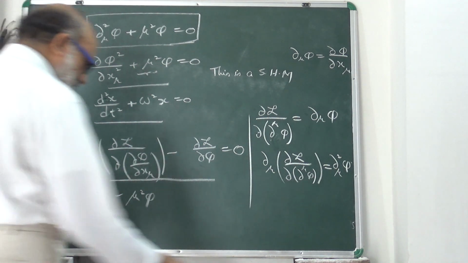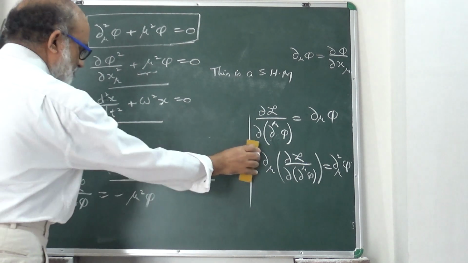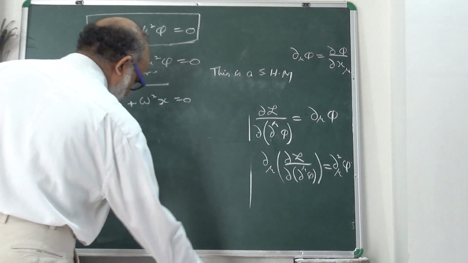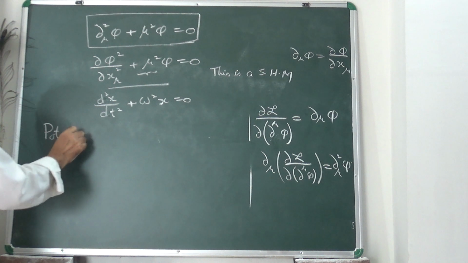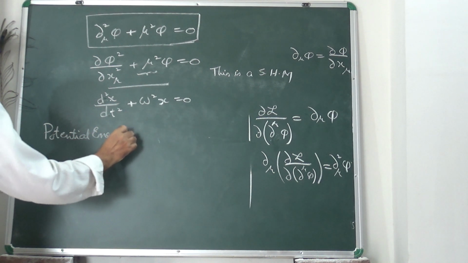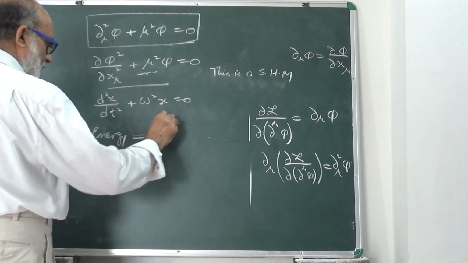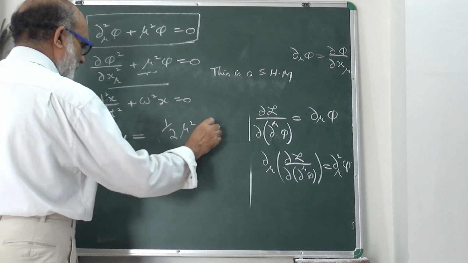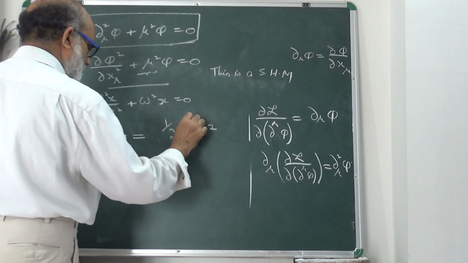Now, the potential energy part of the field. The potential energy density was half mu square phi square.